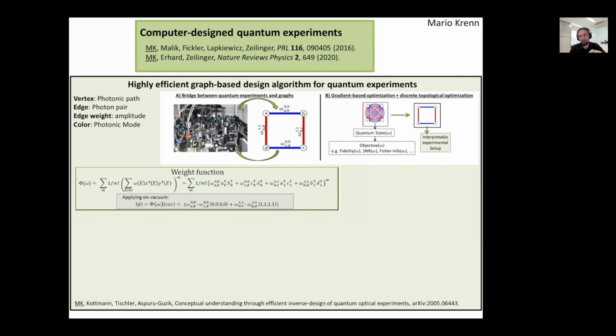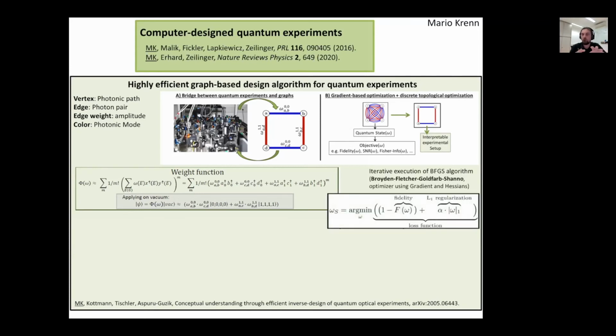So in a design process, now we start with a complete graph and we design a loss function. And let's say, for example, we are interested in a setup that creates a certain state. In that case, the loss function could be 1 minus the fidelity of the state, or something like 1 minus the quality of the state generation.